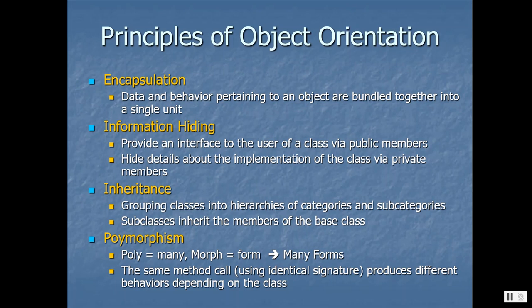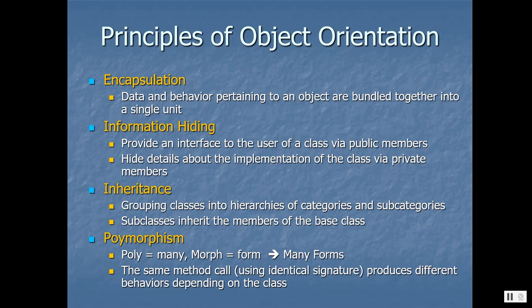But now it's not just tasks and subtasks, but fully behaving pieces of data. And the string is an example of that. So you have encapsulation of the data of the string and the behaviors of the string all encapsulated in a single class. So that's what the notion of encapsulation is about.